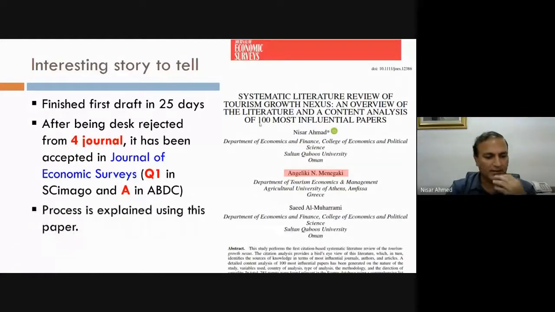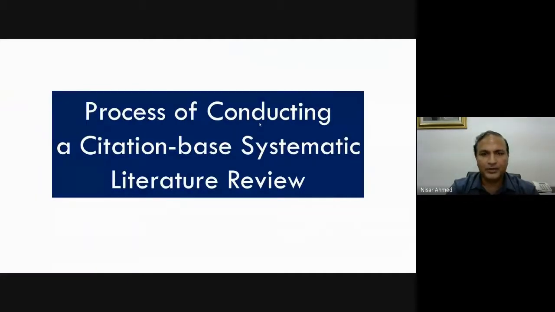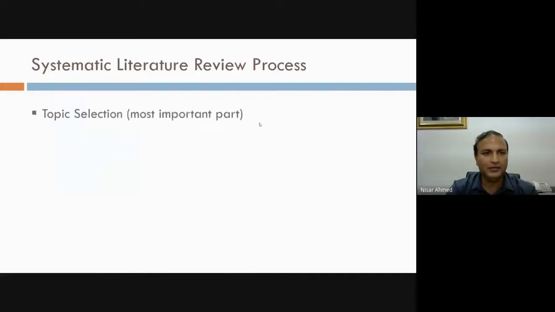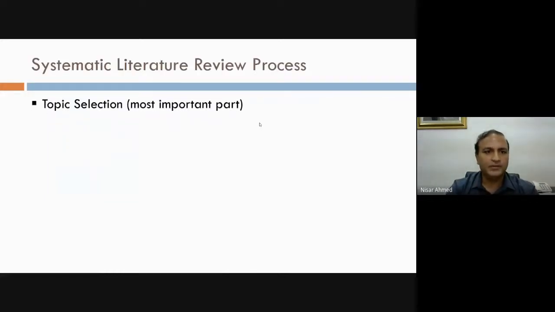And I will be presenting the process of conducting a systematic literature review using this paper. I will tell you different methods and different techniques used in this. So now I'm moving on to the process of conducting a citation-based systematic literature review, and we start with the topic selection.